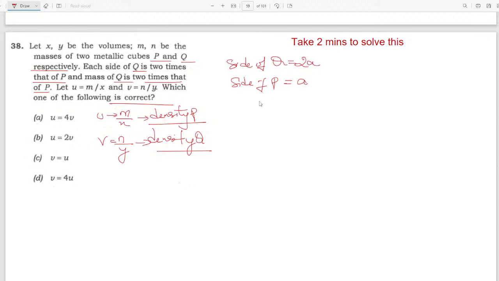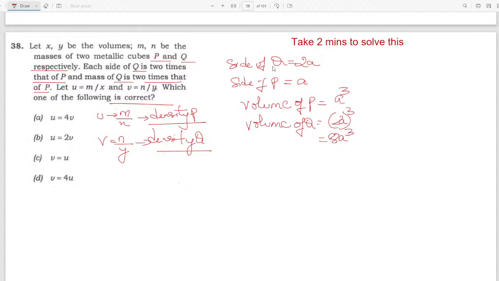So the volume of P is equal to A cube, and the volume of Q is equal to 2A the whole power cube, which is equal to 8A cube.